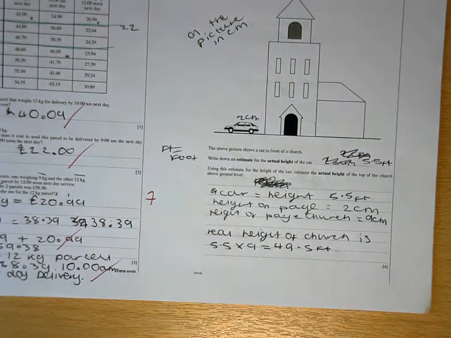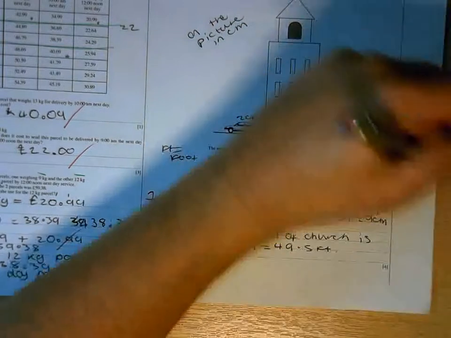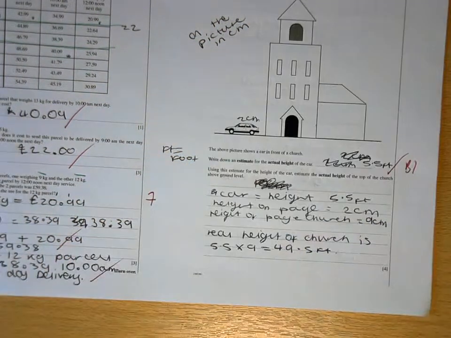Now then, what have we done here? 5.5 foot. Right, life is usually easier if you work in metres, but you will stick with feet because that's what you've done. 5.5 foot is not bad for an estimate of the height of the car. Probably a bit lower in reality, but we'll run with 5.5 foot.